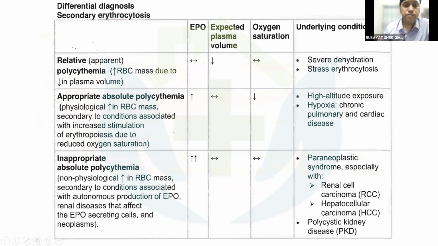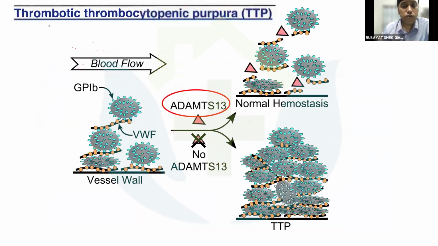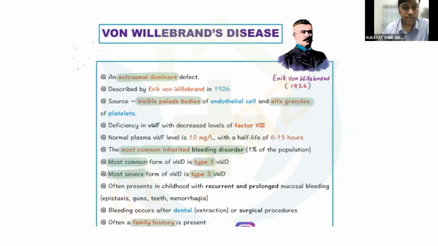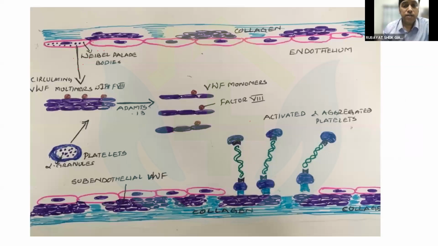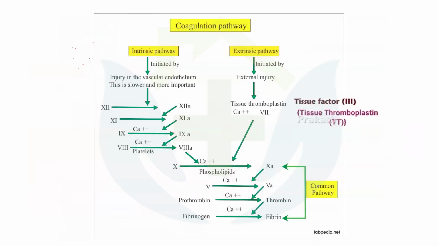We have a topic on DVT in the next class. I will talk about anticoagulants and antiplatelet drugs, how to prevent thrombosis, in detail. For today, this is the coagulation cascade. Let me tell you two or three things.